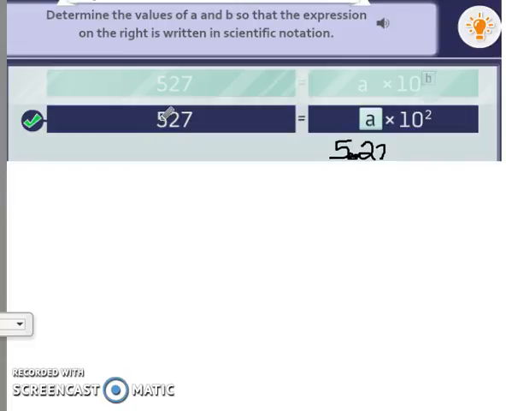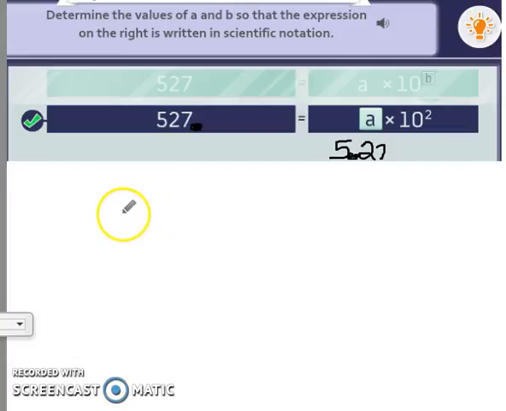And then you have to think, okay, I moved my decimal point over once, twice to the left. So that means that my B, when I click on this B, is 2. Because I moved my decimal point. It was here. Remember, every number has a decimal point at the end if you don't see a decimal point in the number. So I move this decimal point over 2 times. So I need to put a 2 there.